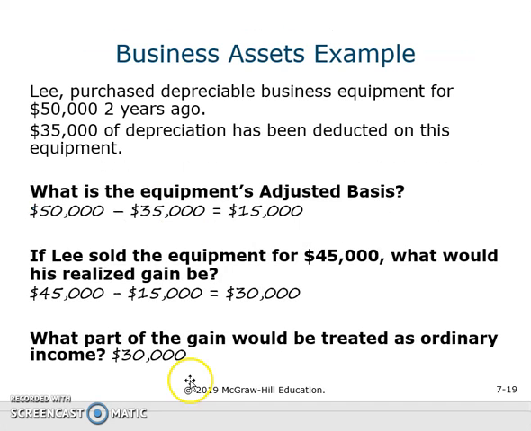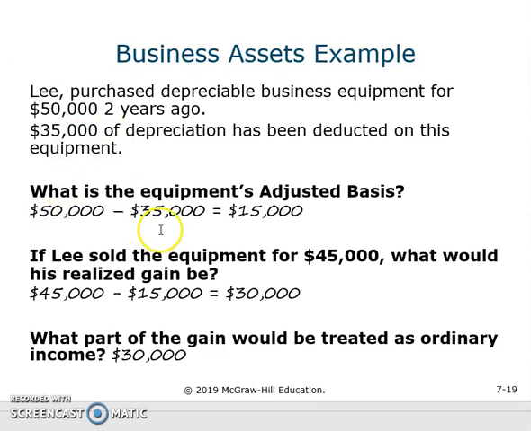So let's take a look at an example of a business use, a 1231 asset. We have Lee, who purchased depreciable business equipment for $50,000 2 years ago. Since then, $35,000 of depreciation has been deducted on this equipment. So what's the equipment's adjusted basis? The basis will be the cost minus the accumulated depreciation.